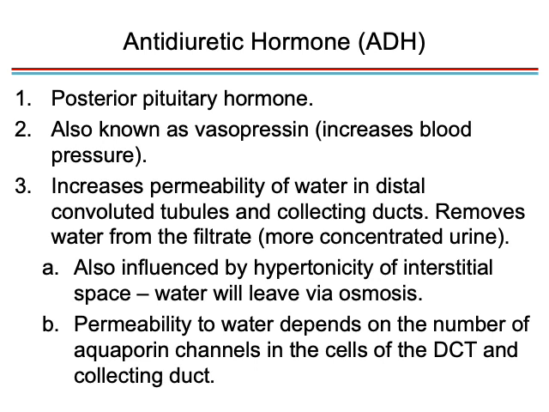Let's talk about the function of ADH. ADH is involved in reabsorption of water from filtrate back into the blood within the distal convoluted tubules and the collecting ducts. The cells here have receptors for ADH.